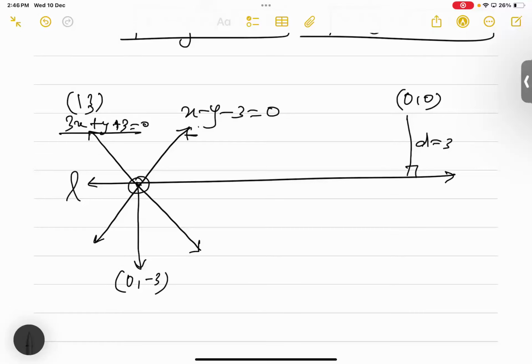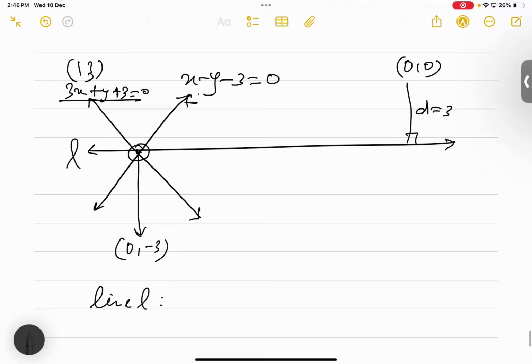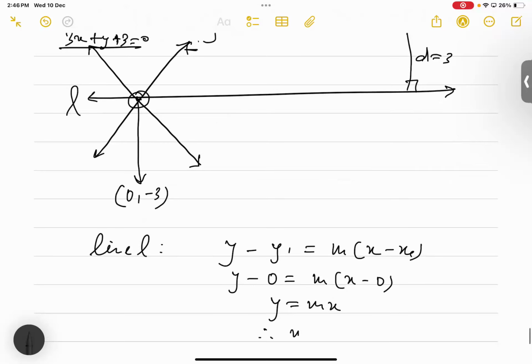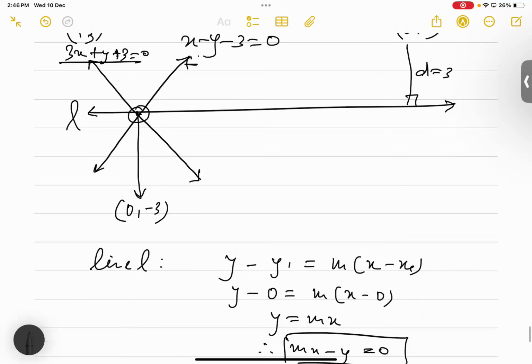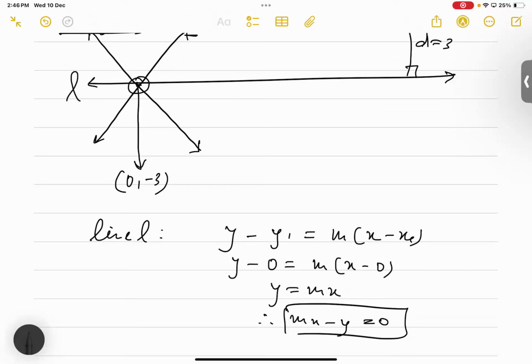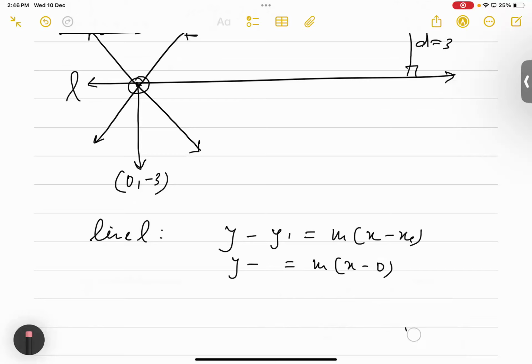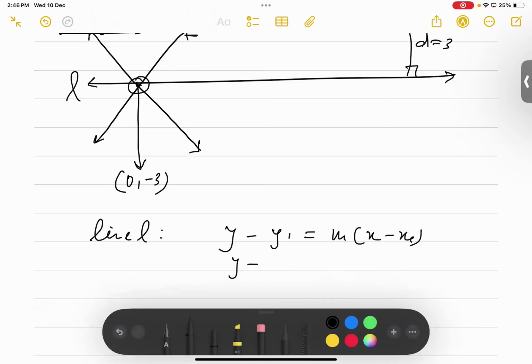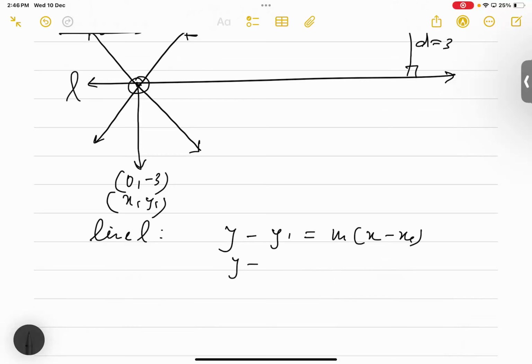Now see, line L, everyone. Use the slope point form, y minus y1 equals m times x minus x1, because we know x1, y1, which is 0, minus 3.